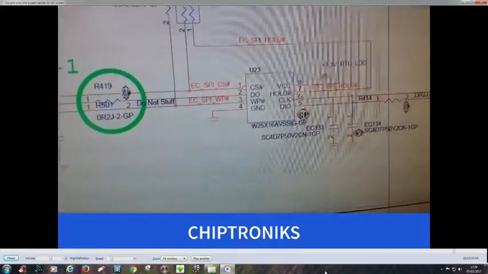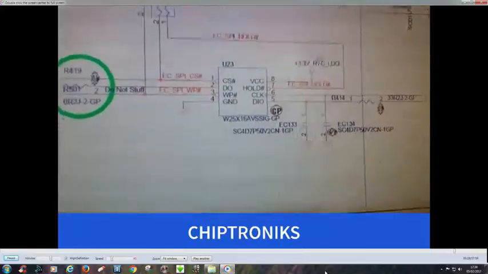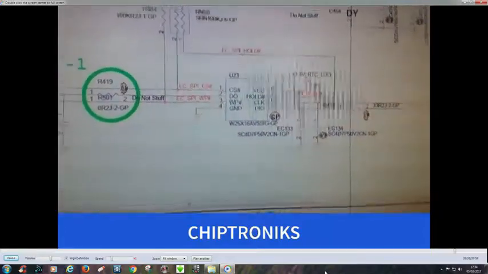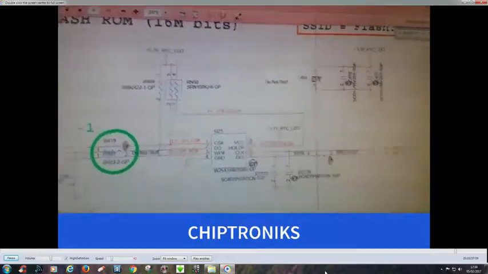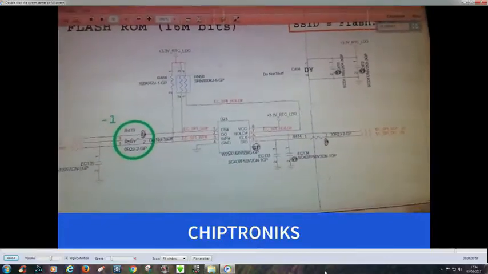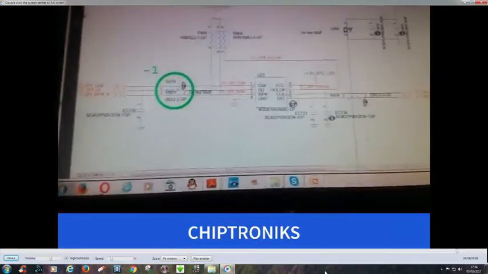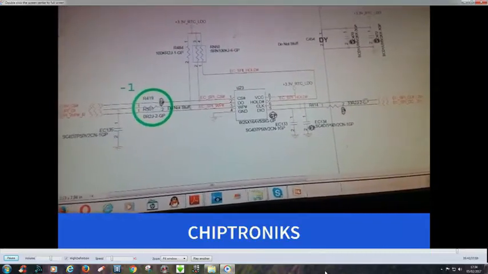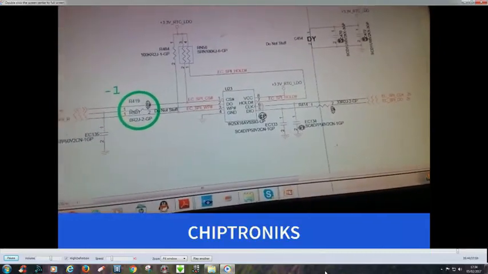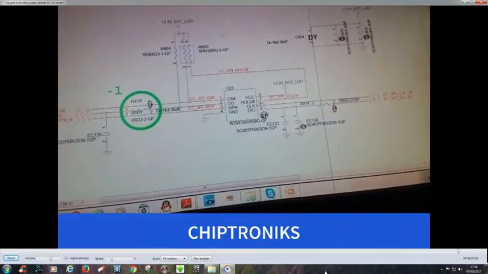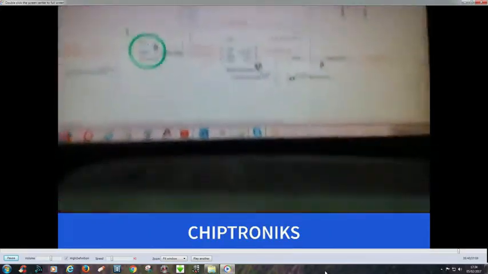8, which must be supply. This is not required to check because we have already checked the supply for the IO controller. So this must be there, and you can see pin number 6 and pin number 5. Pin number 6 is receiving clock from the IO controller. So let's check using CRO what kind of clock it is getting.